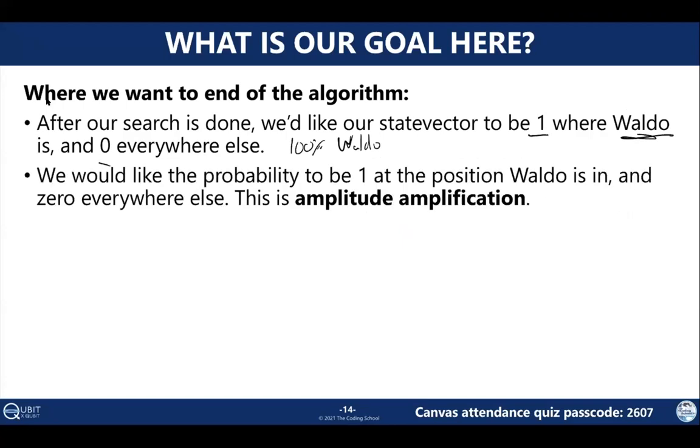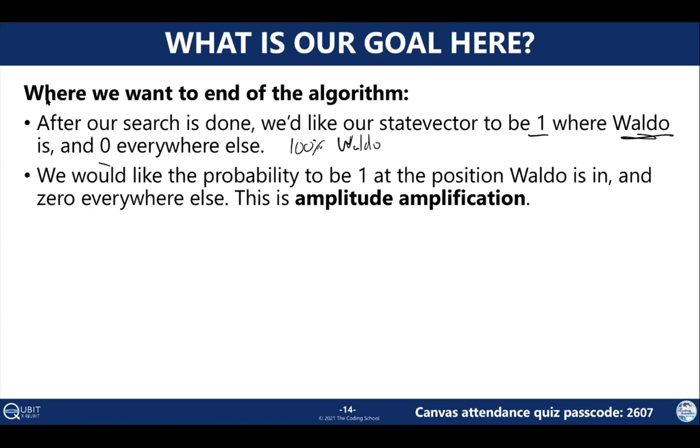The mechanism we're going to use is called amplitude amplification. We perform operations that slowly increase the amplitude of Waldo's state and decrease the amplitude of all the other states, thanks to the interference properties inherent in quantum mechanics.